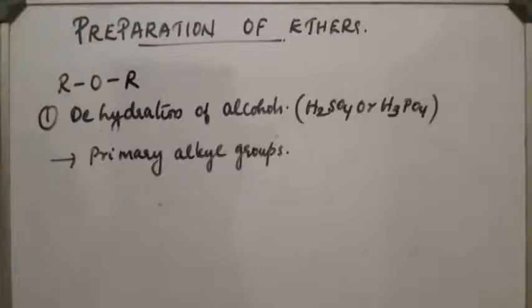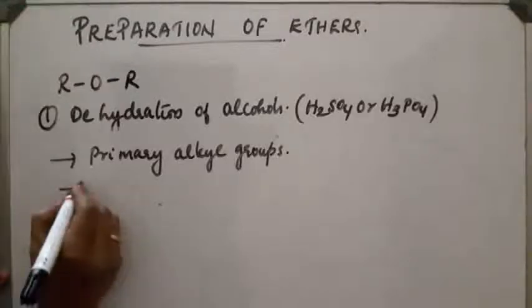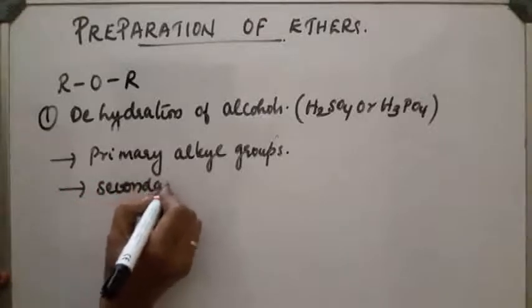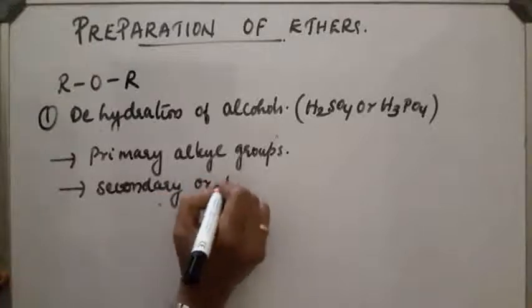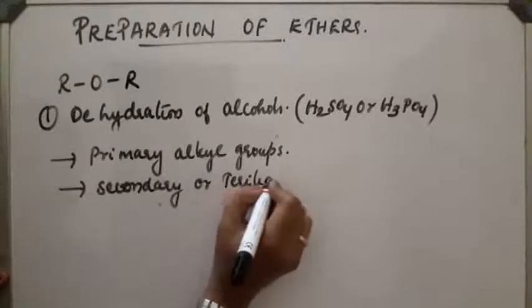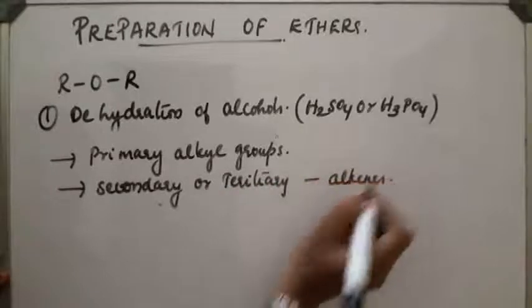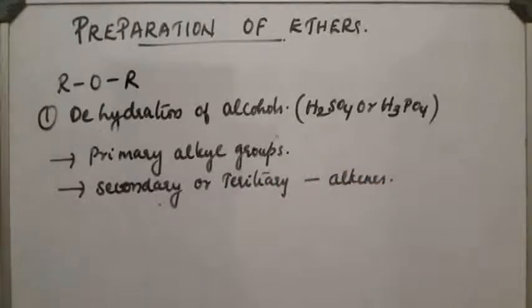So what will happen? Alkenes are obtained in the case of secondary or tertiary. So always we prefer primary alkyl groups for this method of preparation.